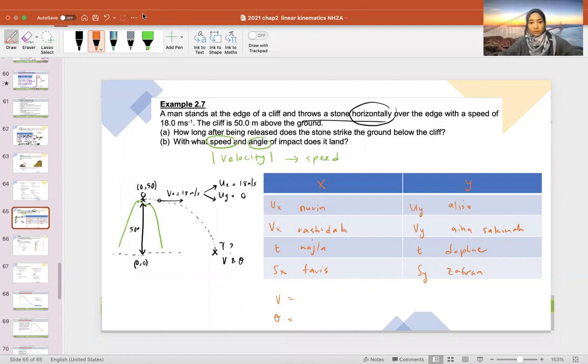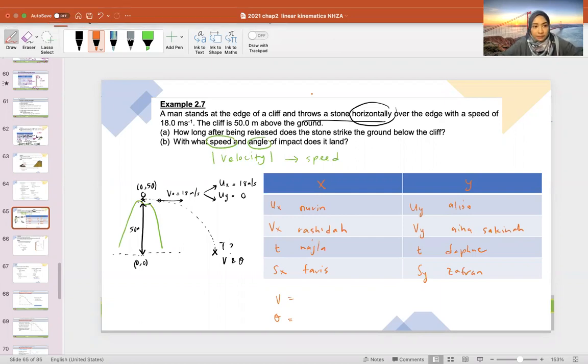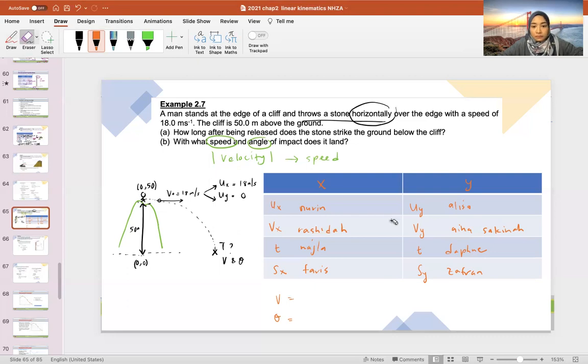Okay, dah terlebih masa. Nurin dengan Alisa, are you guys ready? Okay, Nurin, what is the UX here? 18 cos 0, that equals 18. Okay, is it a positive or a negative? Positive. Positive, okay. Alisa, what's the UY? 18 sine 0. Alright, so you get 0, right?